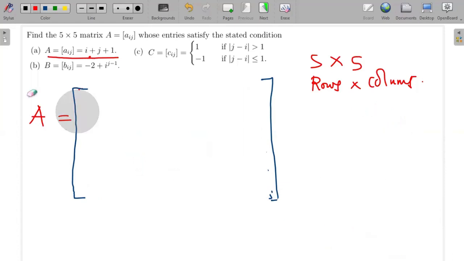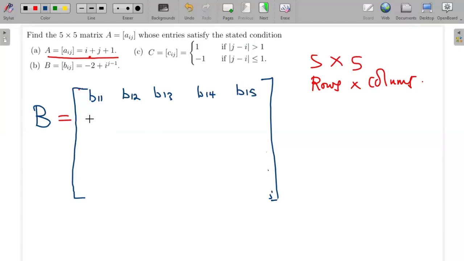Okay, so we're still constructing a 5 by 5 matrix, but now we are constructing matrix B, which has the elements Bij. So again, this will just be B11, and then B12, B13, B14, and then B15.